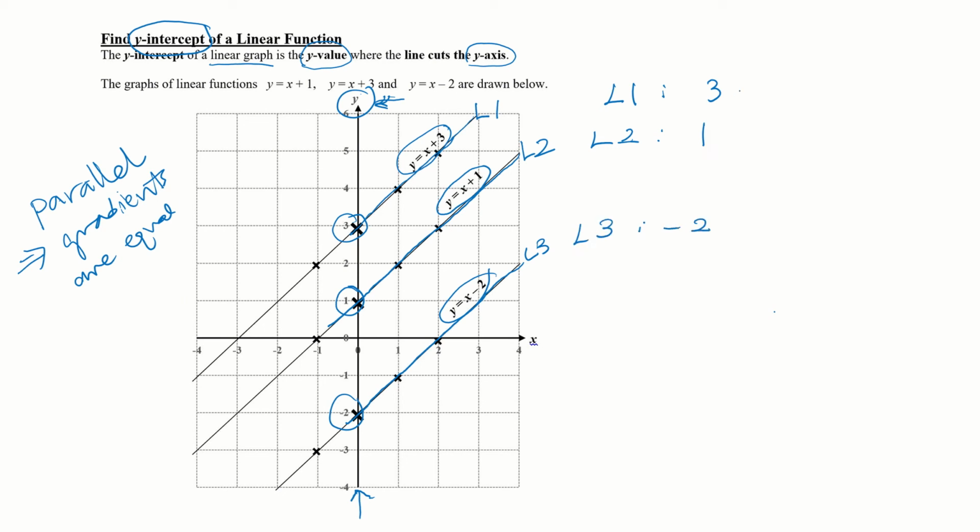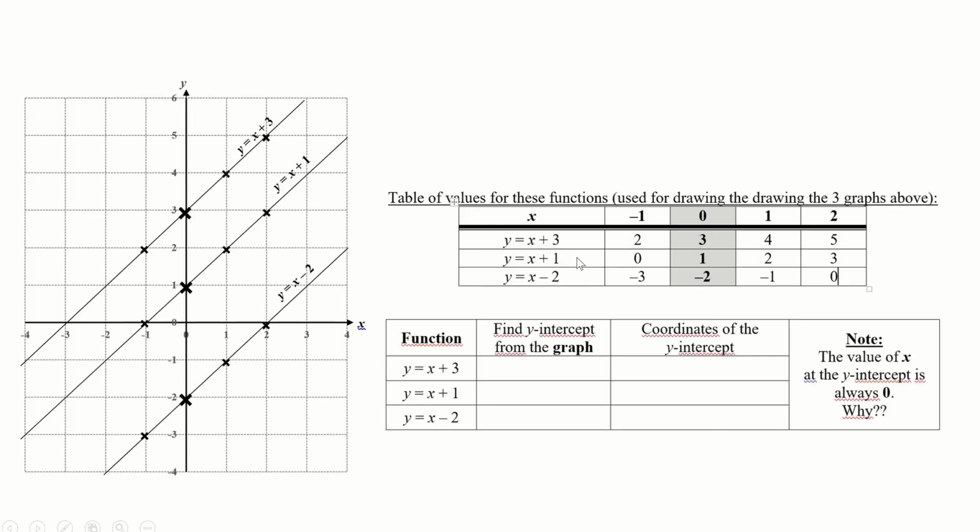So these values are the y-intercepts of the three lines. Let's fill up the table on the next page. Here we have L1, L2, L3 with the y-intercepts respectively.